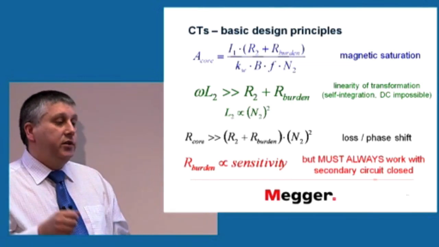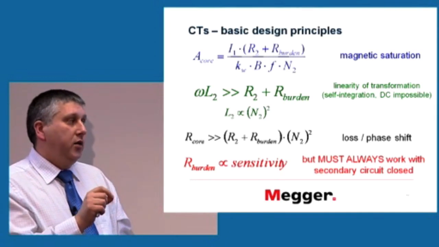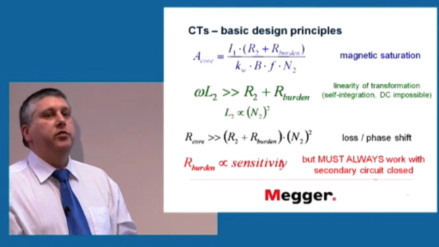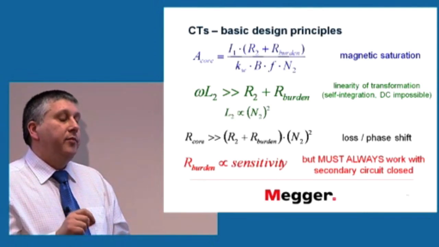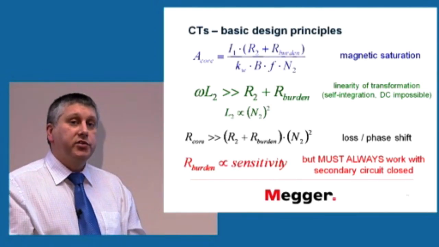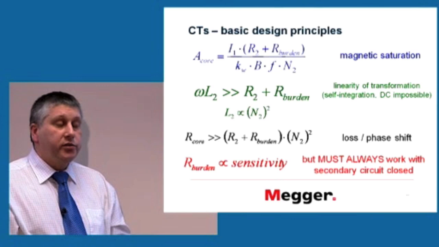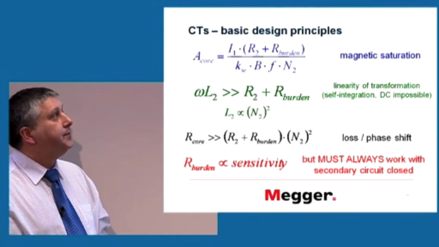And obviously the current transformer has to always be operated with the secondary circuit closed. Otherwise, it is just a step-up voltage transformer. So very, very high voltages can be generated in the secondary circuit, and that might be dangerous, which also has to be taken into account in the design, which again I'll explain in a second on an example.